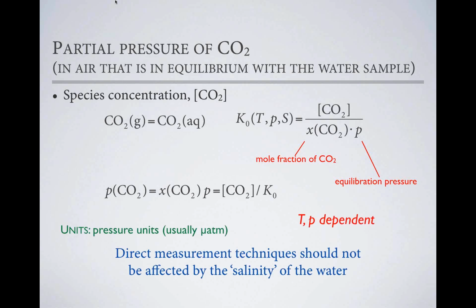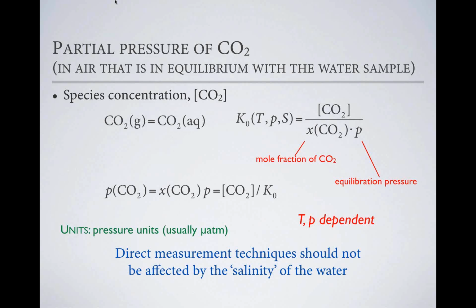But again, the direct measurement techniques, by that I mean that you're equilibrating an air sample with your water and measuring how much CO2 there is now in the air, should not be affected by the salinity of the water. You will get a measurement of pCO2.